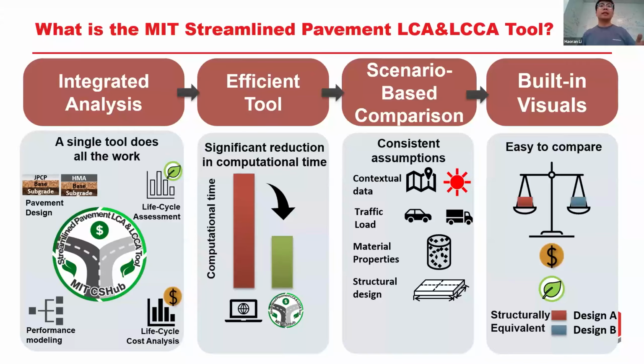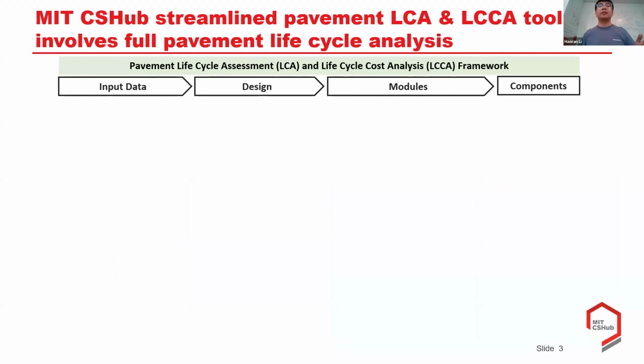So let me introduce the Streamlined LCA and LCCA platform we have developed at the hub, which involves the full pavement life cycle analysis. We include the pavement LCA and LCCA from the design input data, which we just talked about, a lot of contextual data from geometric data and climate to traffic.